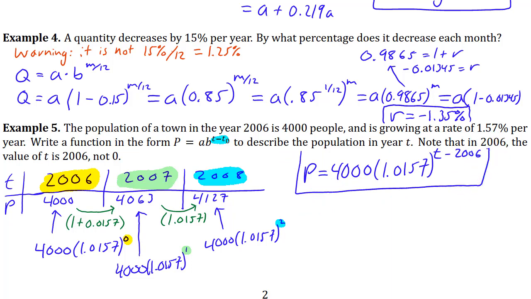That right there is the formula that we need. If you plug in 2006 for t, the exponent will be 0. If you plug in 2007, the exponent will be 1. If you plug in 2008, the exponent will be 2. So that's the trick here.